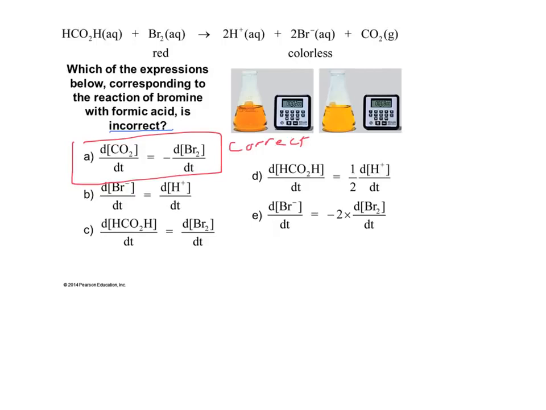Now, notice how they're using D instead of delta. We'll get to that. Now let's take a look at our bromide ion compared to our hydrogen ion. Well, they're on the same side of the equation, so they'd both be positive. If we were using our default method of writing things, hydrogen has a coefficient of 1/2.